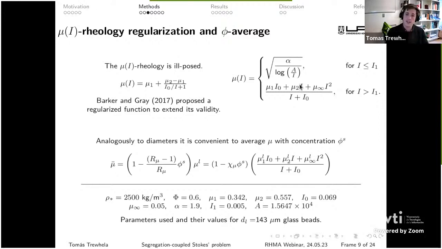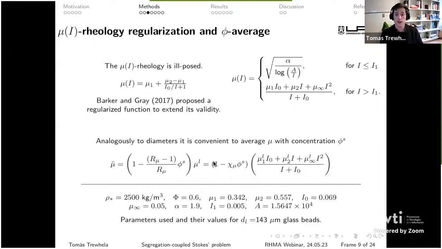But there is an extension of this mu of I rheology. And not only that, but it's also convenient, and this is something that I present in this work, to average mu. In the same way as I averaged the diameters, I will average the frictional coefficient by the concentration phi s.